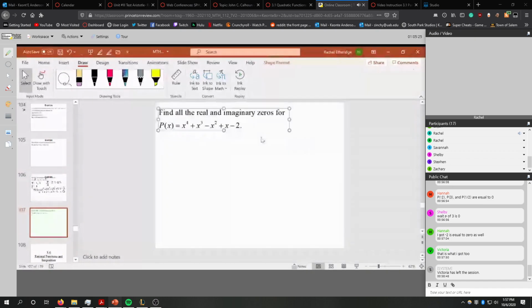Okay, so I know that 1 is one of my zeros. So I'm going to use synthetic division to try to find some more zeros. My multiplier is 1. I brought down 1, 1, negative 1, 1, and negative 2.